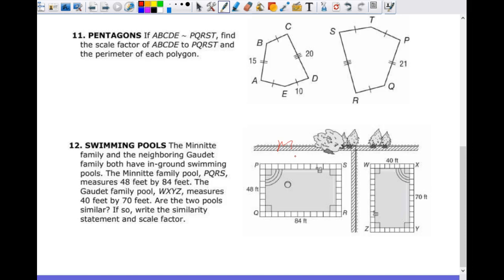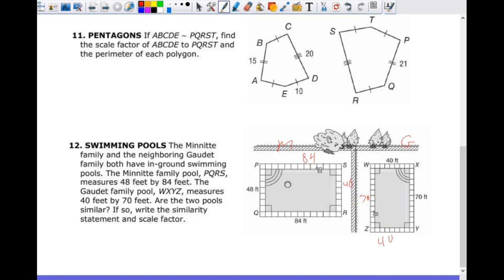The Gaudet family swimming pool is the other one, so this is G, measures 40 by 70. They're both rectangles. One property of a rectangle is that this side is the same as this side. This side is the same as this side. 40 is the same as 40. 70 is the same as 70.